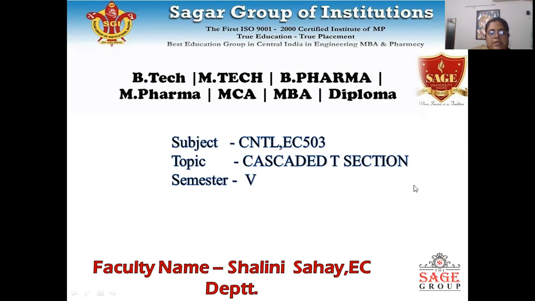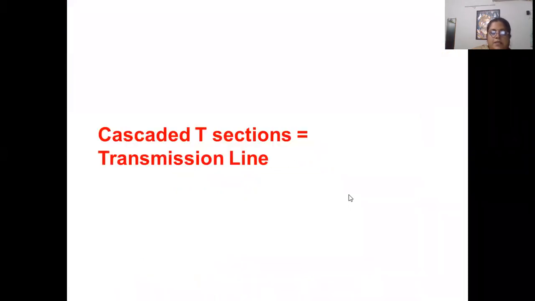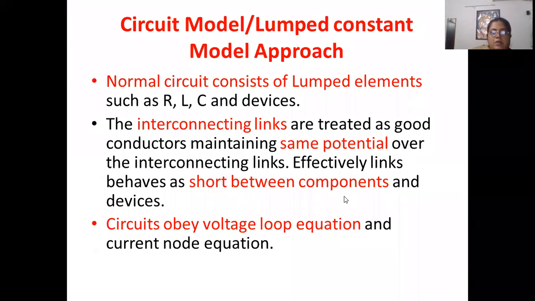Today, in this lecture, I am going to discuss the cascaded T section as a transmission line. Now, the circuit model, or the lumped constant model approach. A normal circuit consists of lumped elements such as R, L, C and devices.